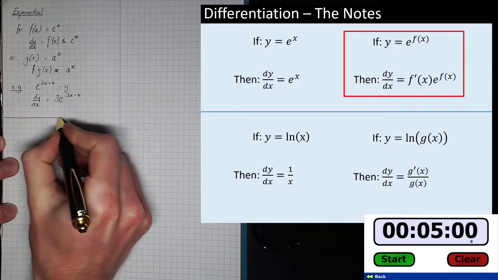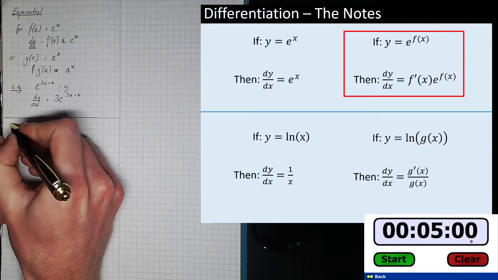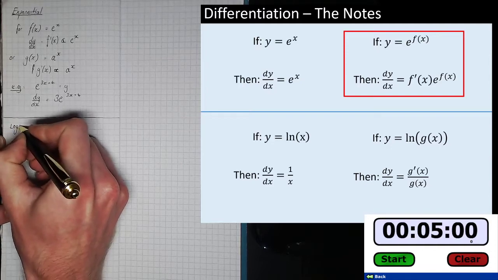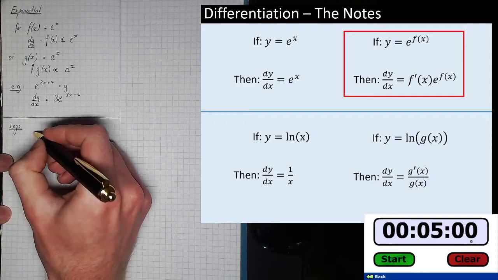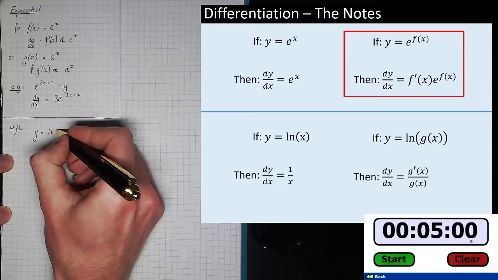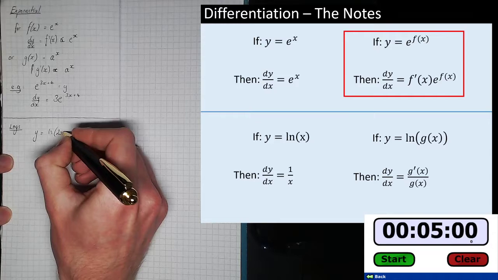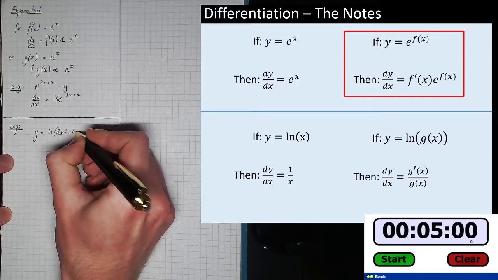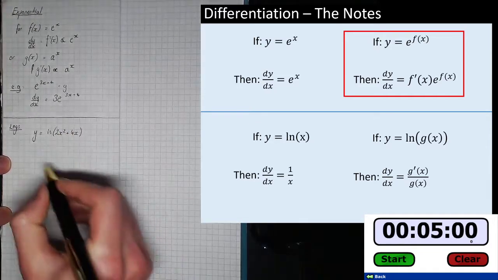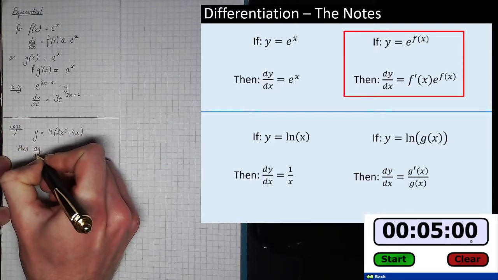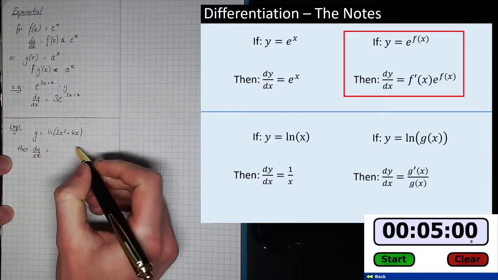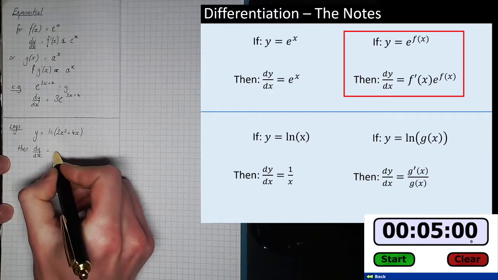Just doing a quick example for the logs, let's say that we've got a function which says that y equals ln of 2x squared plus 4x. Then dy by dx, we get the fraction.